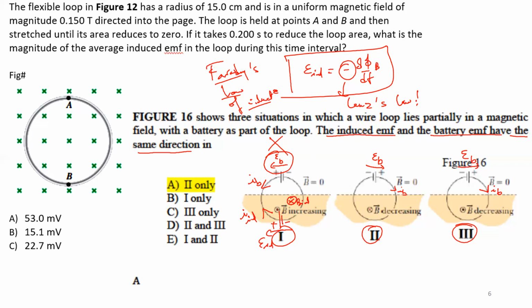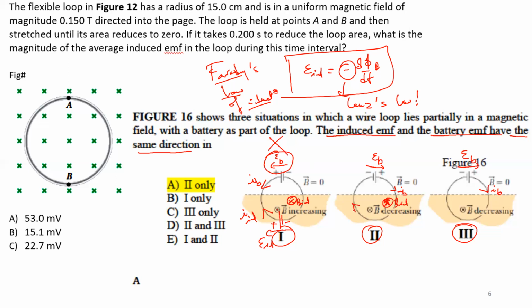Now in the second case, B is inward and it's decreasing. Lenz's law is telling me that my B induced should be in which direction? B is inward and decreasing, so I don't want that to decrease. So I will put a magnetic field inward, so B induced is inward. Now B induced being inward, what's the direction of the induced current? The induced current will be clockwise.